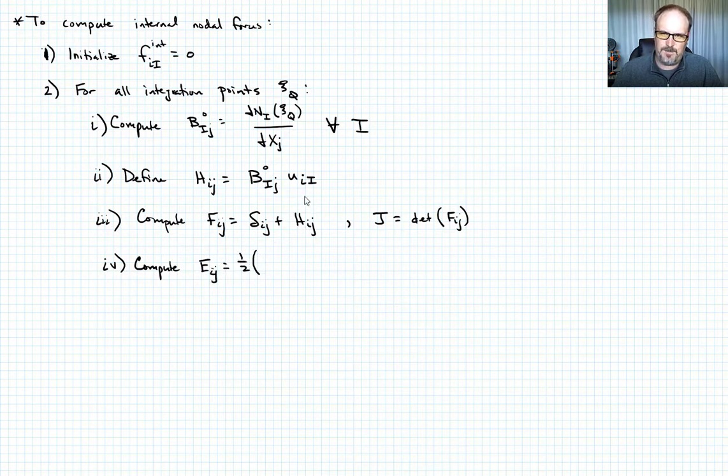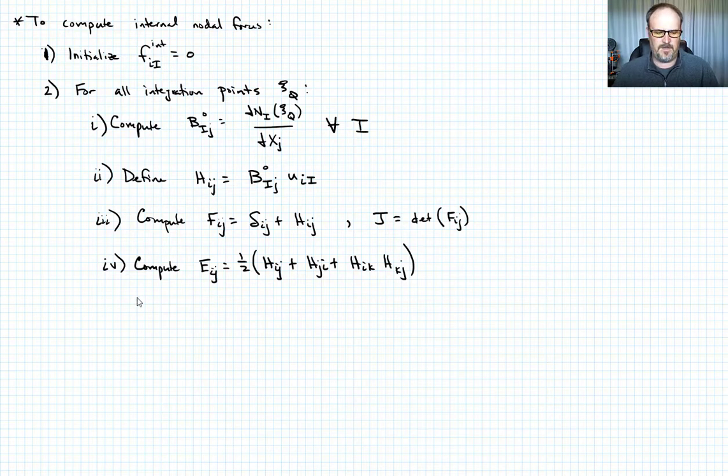H is basically a displacement gradient term, and we've written the Green's strain tensor in terms of displacement gradients as H_ij plus H_ji plus H_ik H_kj. So we can compute that. If we need to compute some other quantities, which we may well need, we can compute any of the derivative quantities from that.